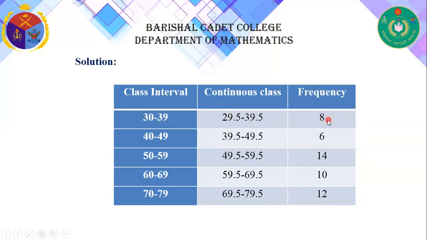And here the frequency is 8, and 40 will be 39.5, and 49 will be 49.5, and their frequency is 6, and 50 will be 49.5, and 59 will be 59.5, and their frequency is 14, and similarly 60 will be 59.5, and 69 will be 69.5, and frequency 10, and 70 will be 69.5, and 79 will be 79.5, and their frequency is 12.